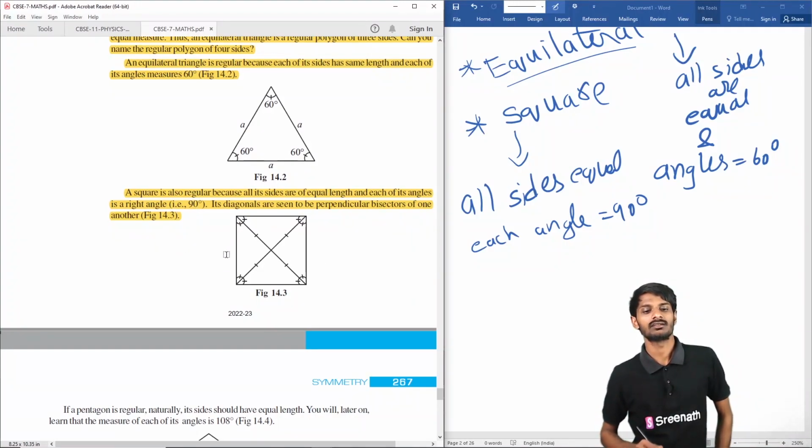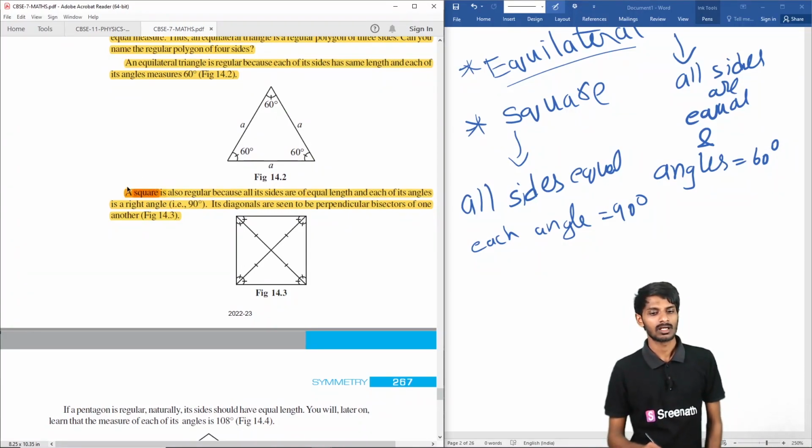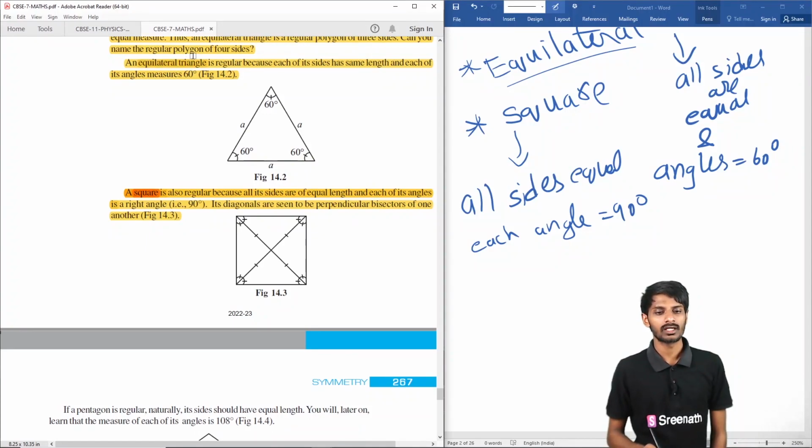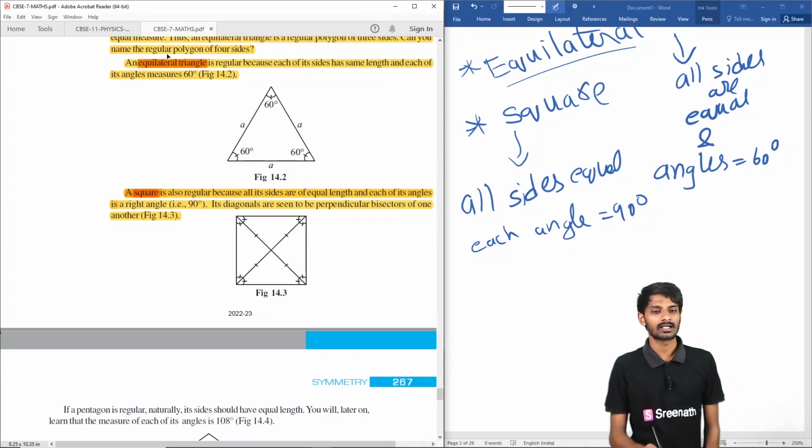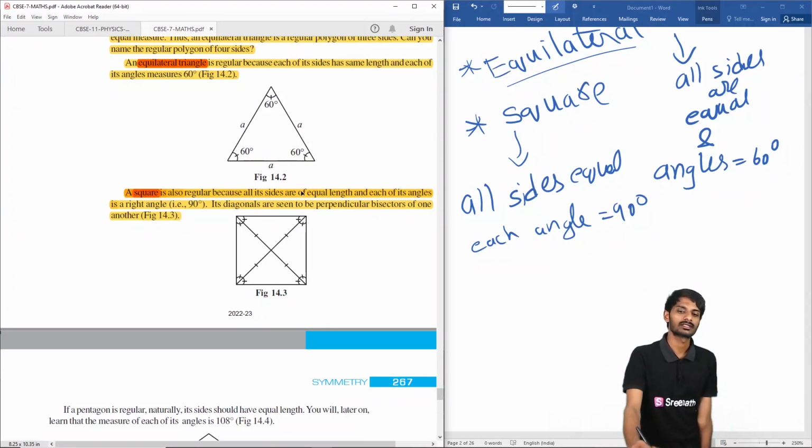Coming to the square. So a square is also a regular polygon, students. Why? Because a square has 4 sides and all 4 sides have the same length. This side length, this side length, this side length, this side length.